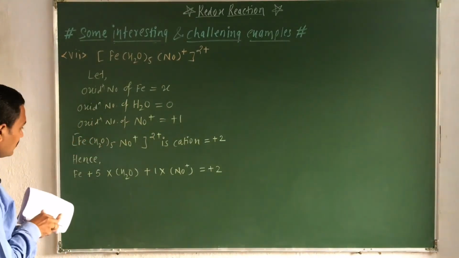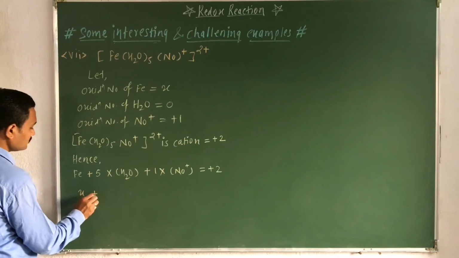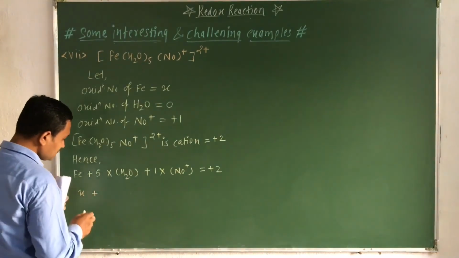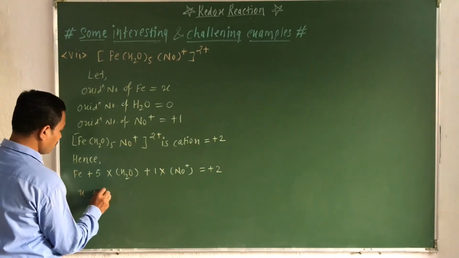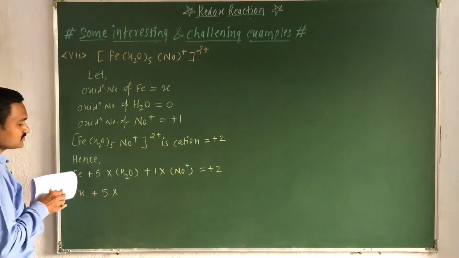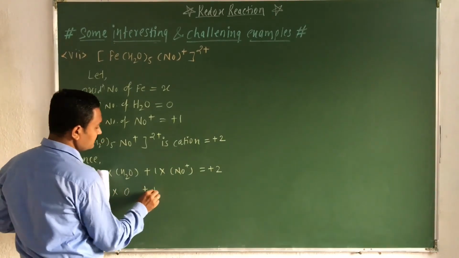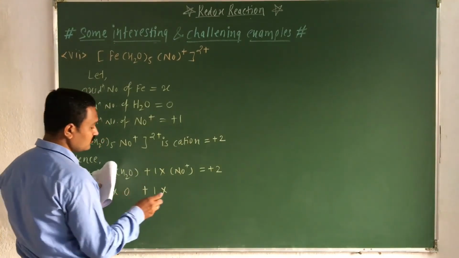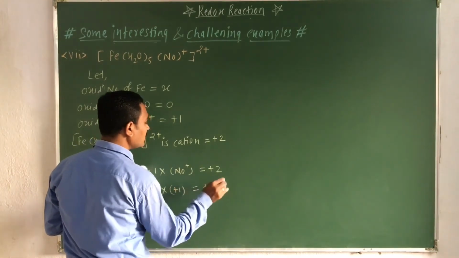Therefore the oxidation number of iron is x, plus the oxidation number of your water molecule, which is 0, plus 1 into the oxidation number of NO+, which is plus 1, equals plus 2.